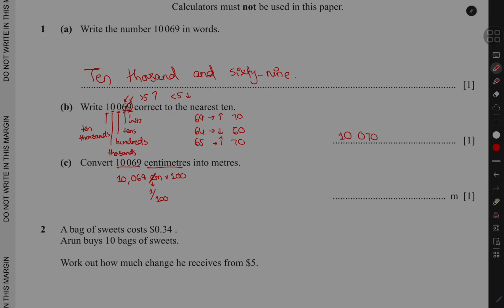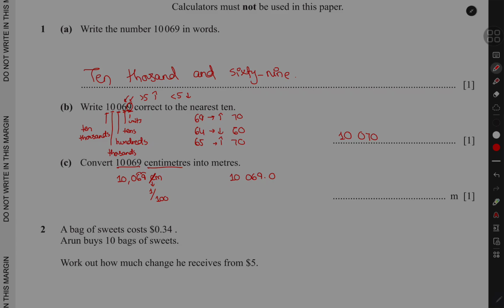Apologies. What this centi is showing us is that it means 1 out of 100.